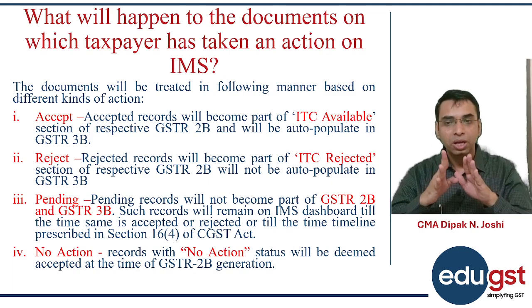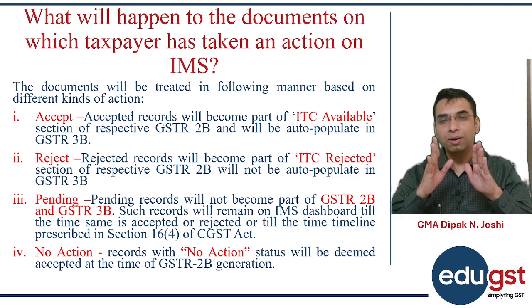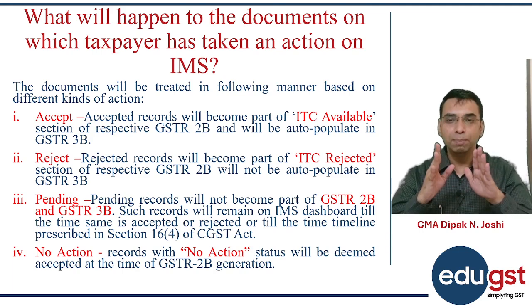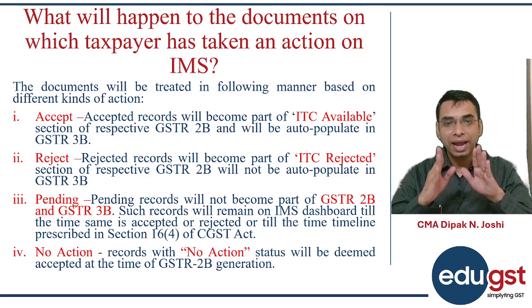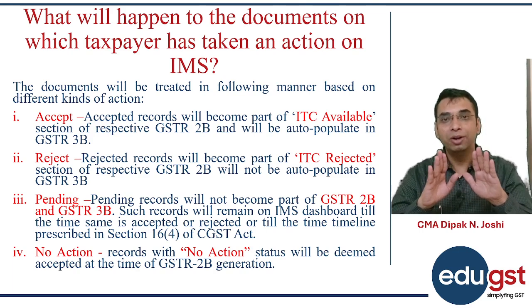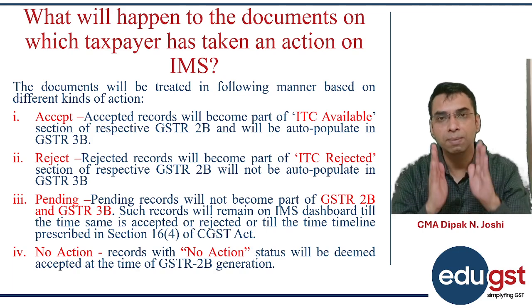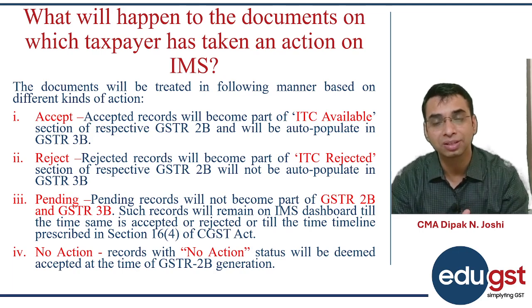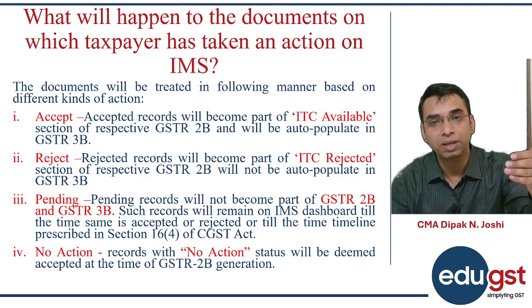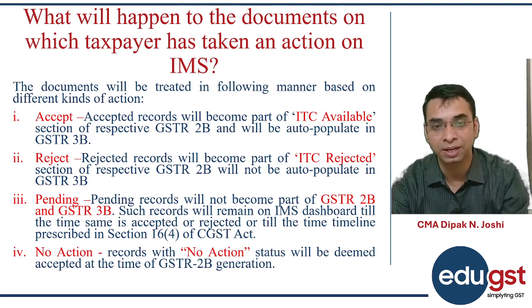Now, if you are keeping any record for future action, that is, you are keeping any record pending, that record will not form part of your form GSTR2B. And this is the important change as far as present GSTR2B is concerned, and the GSTR2B which is to be generated after using the IMS functionality.